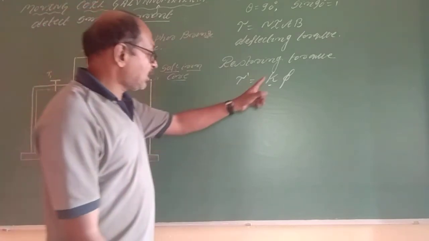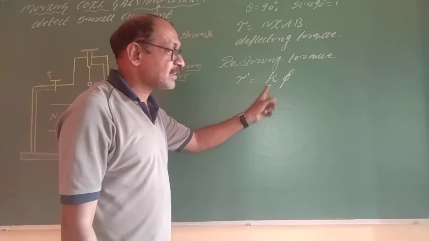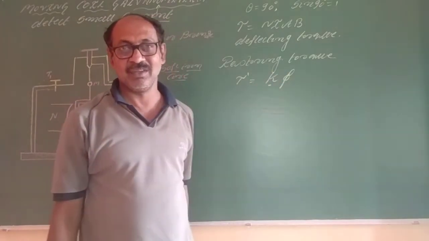The restoring torque, tau dash, is equal to K into psi. K is the torque constant, the restoring torque per unit deflection, and psi is the deflection.